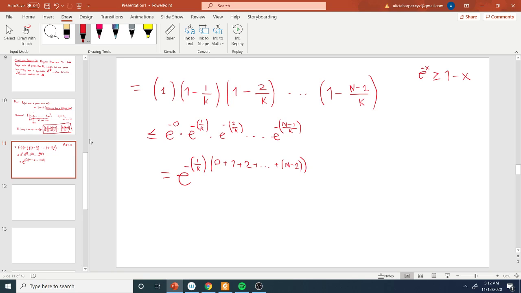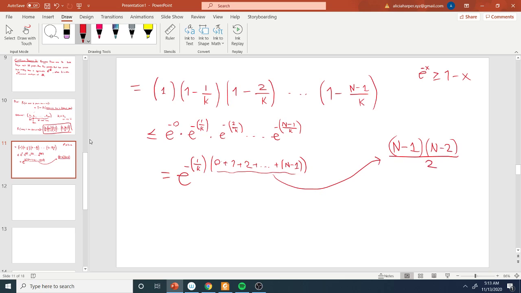And at this point, we can use a formula for the sum of these numbers, because when you add up 0 plus 1 plus 2 all the way up to n minus 1, this thing right here is the same thing as n minus 1, I believe, times n minus 2 divided by 2.